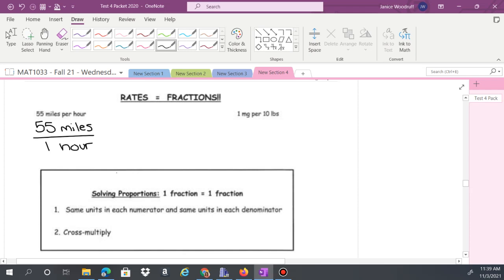That's 55 miles per hour, or 1 milligram per 10 pounds. So solving a proportion is one fraction equaling one fraction. You want the same units in each numerator and denominator, and then you're just going to cross multiply.